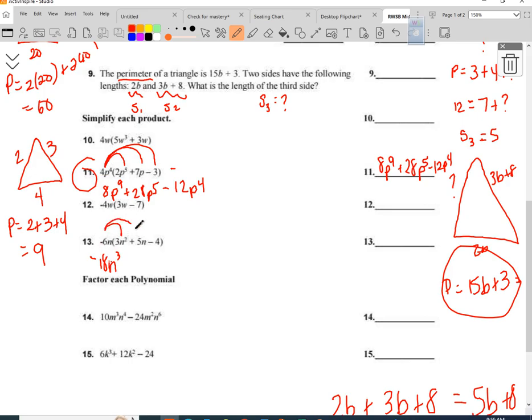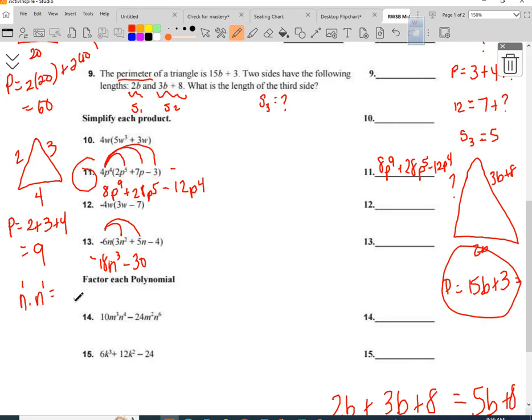So negative 6n times positive 5n, number times number, use your calculator. 6 negative button times 5 gives you negative 30. What is n times n? N to the first times n to the first?